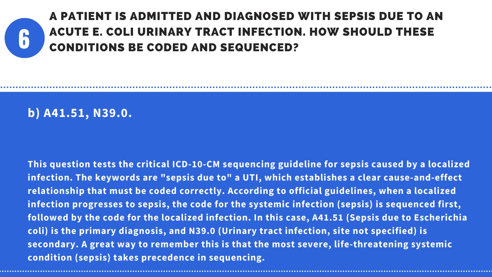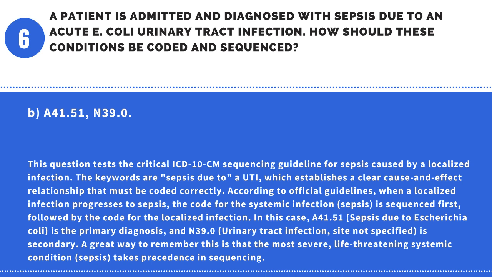This question tests the critical ICD-10-CM sequencing guideline for sepsis caused by a localized infection. The keywords are sepsis due to a UTI, which establishes a clear cause and effect relationship that must be coded correctly. According to official guidelines, when a localized infection progresses to sepsis, the code for the systemic infection, sepsis, is sequenced first, followed by the code for the localized infection.